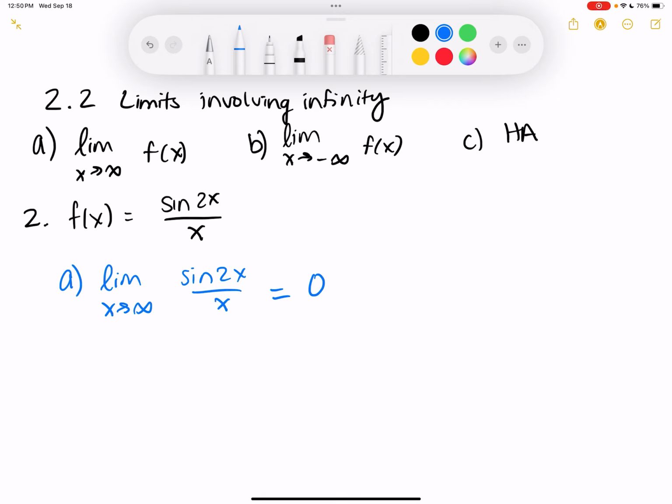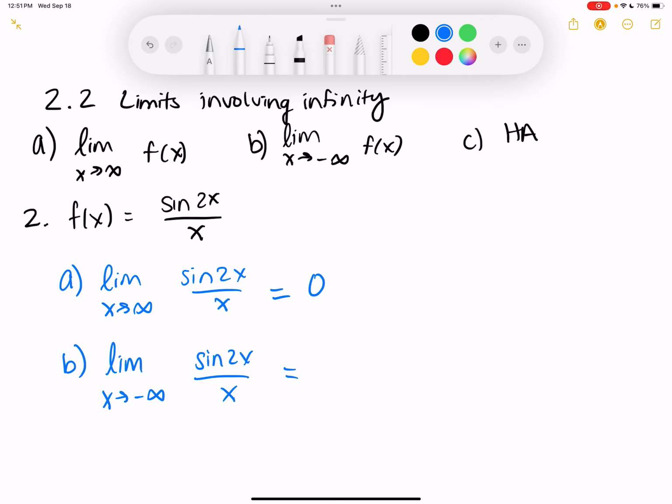So if there was nothing on the bottom, could we put 1? The limit as x approaches negative infinity. So basically, if I put in a really small number, meaning like negative 500, what's going to happen?